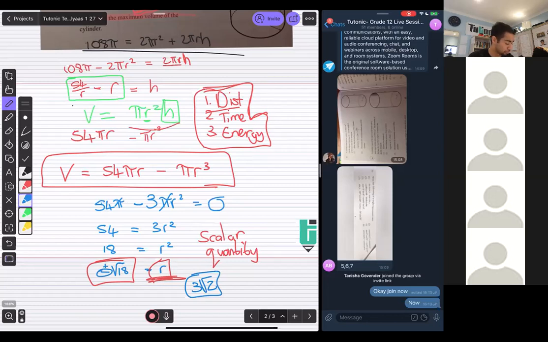What do your teachers want? I don't know, they usually say it in a question, like leave it in surd form or something. Yeah, so I think it just depends. If they say specifically we want it in surd form, then you can put it there. But I don't think it's a given that you have to do it, you know?